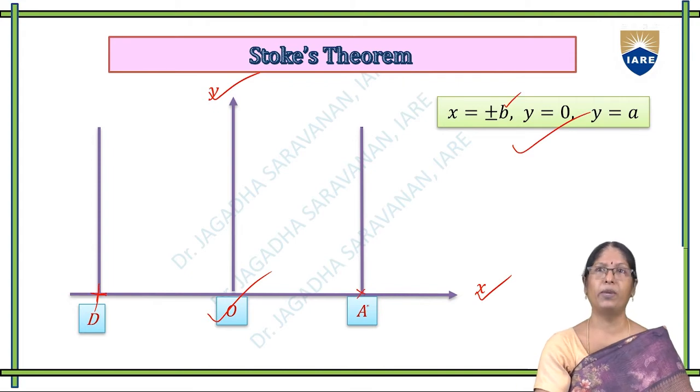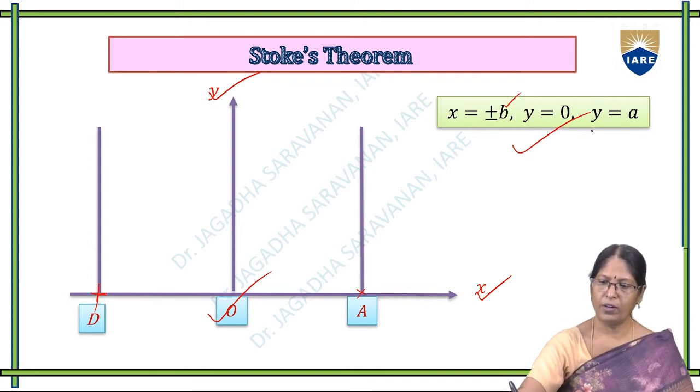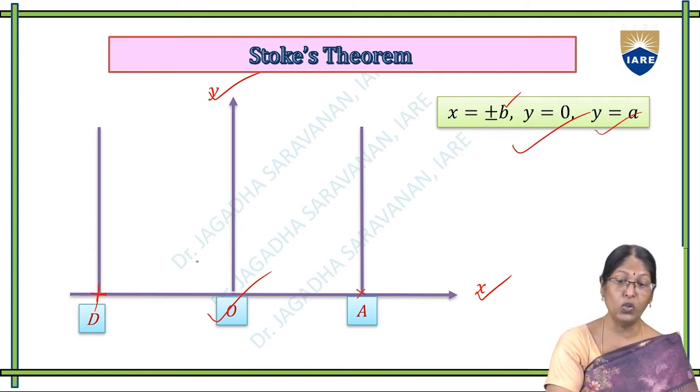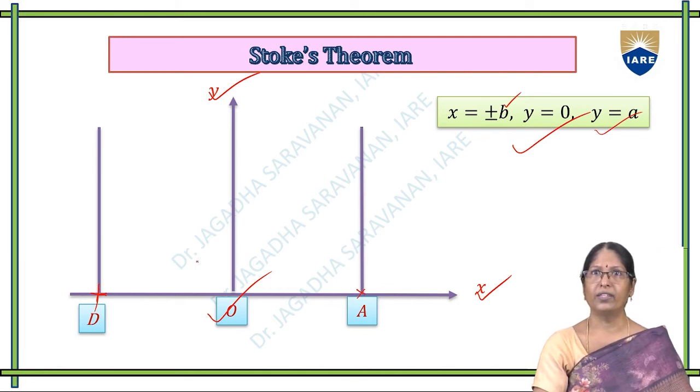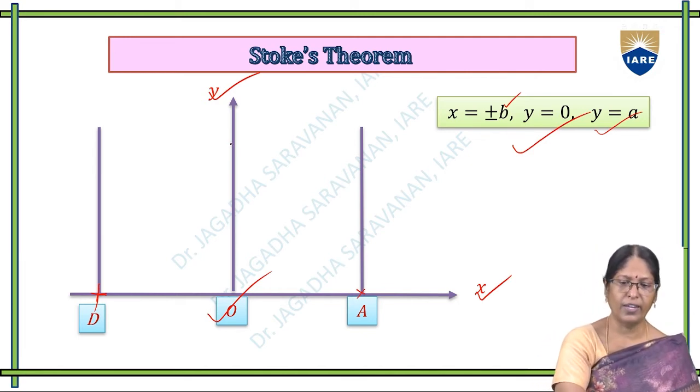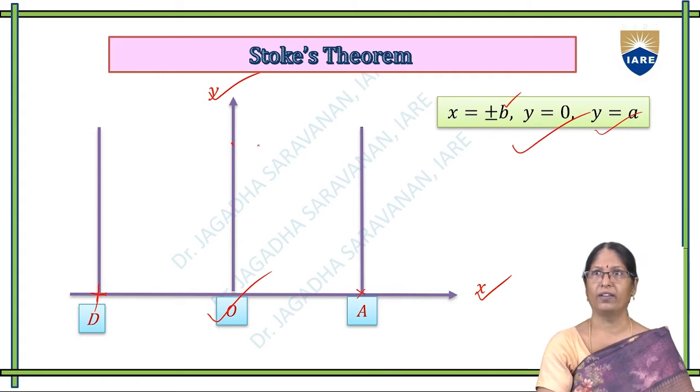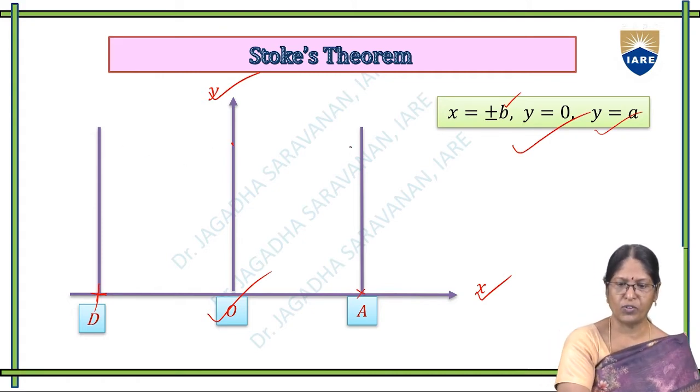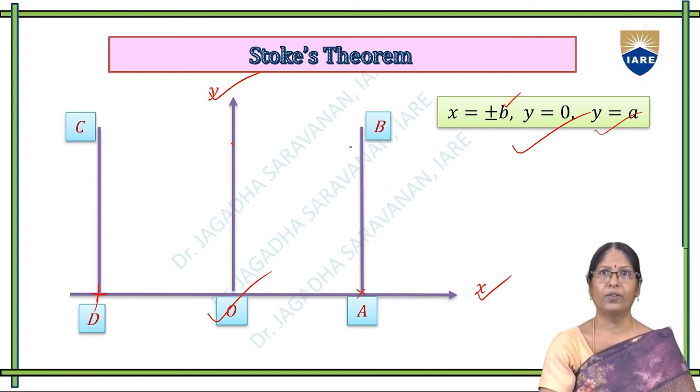That point we are naming as A, and on the y-axis there is a point A. So one straight line is going to come.